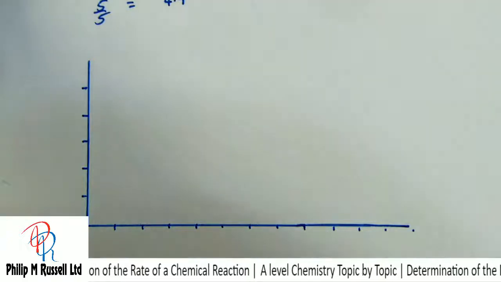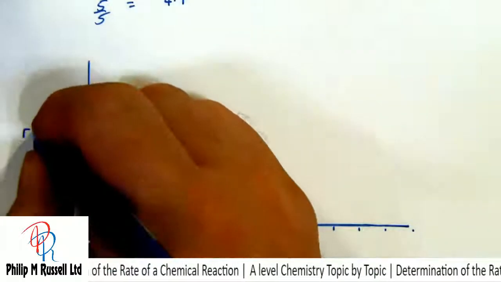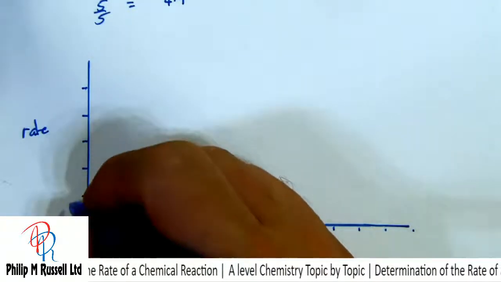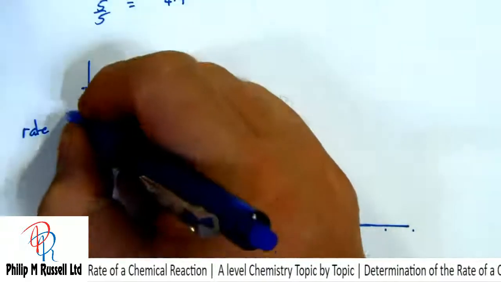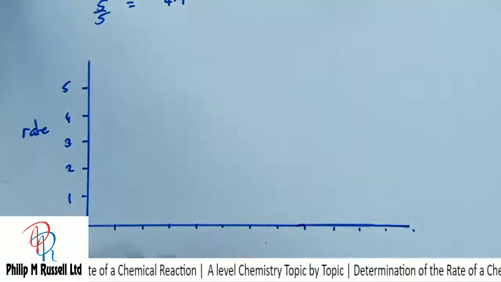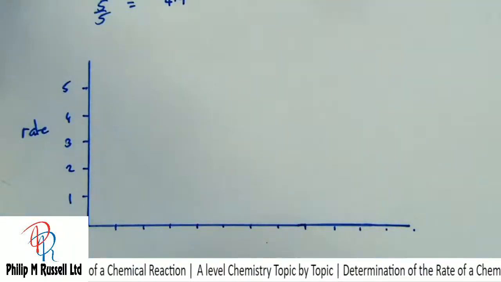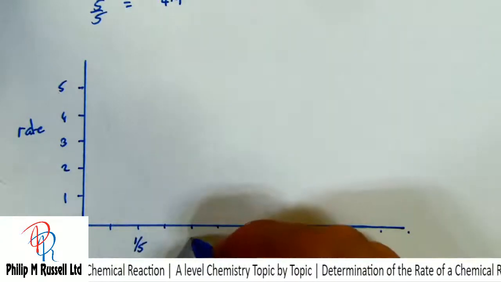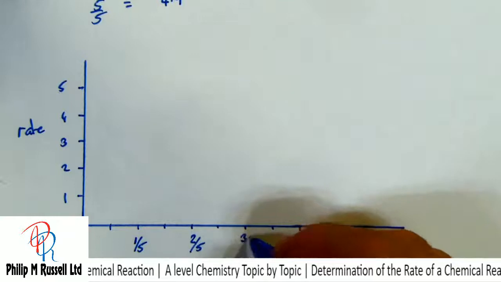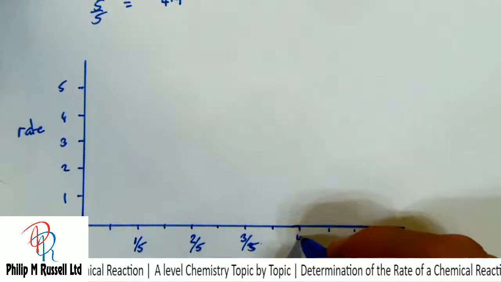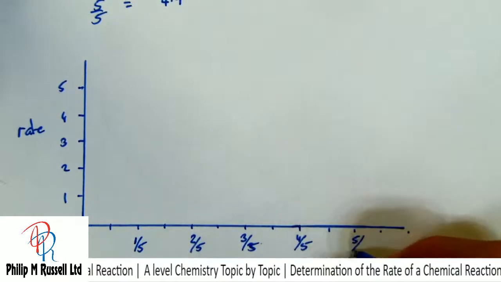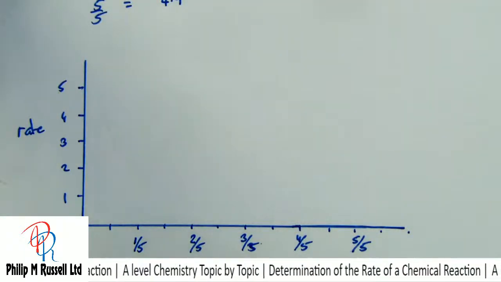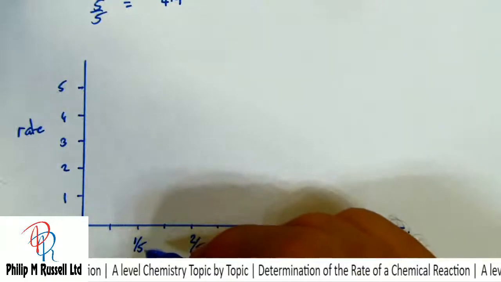I'm going to plot my rate along this side, and my rate is going to go from 0, 1, 2, 3, 4, 5, and we're going to have my concentration along the bottom, which is going to give me my 1/5, 2/5, 3/5, 4/5, and 5/5.